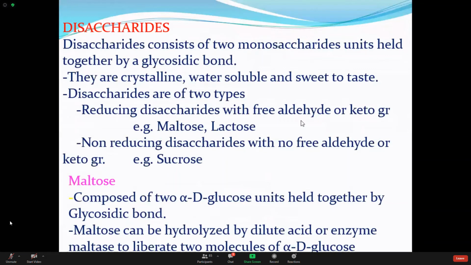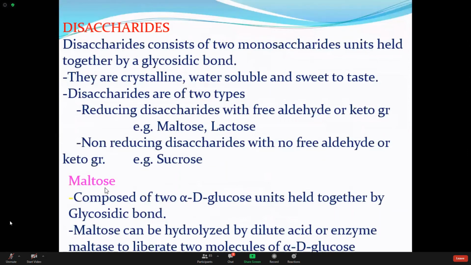There are two varieties: reducing disaccharides and non-reducing disaccharides. Some disaccharides can reduce other molecules, and they are called reducing disaccharides. Some cannot reduce other molecules, and they are called non-reducing disaccharides.